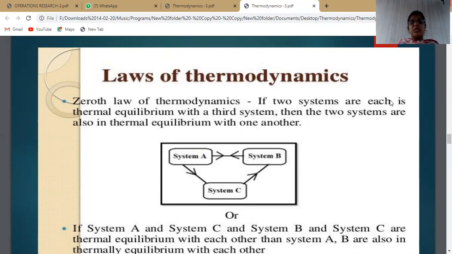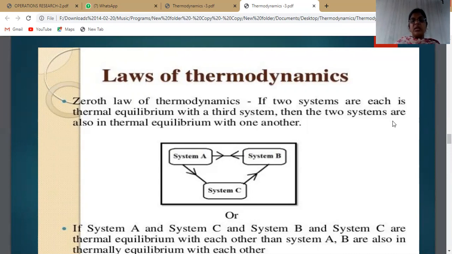The third system is system C. We take C with A. If C is at 50 degrees centigrade, system C in contact with system A is in thermal equilibrium. When system C is in contact with system B, it is also in thermal equilibrium. So if two systems are each in thermal equilibrium with a third system, then the two systems are also in thermal equilibrium with each other.